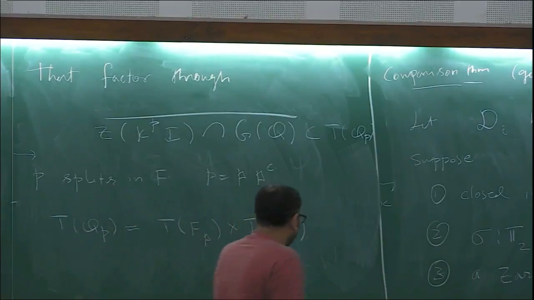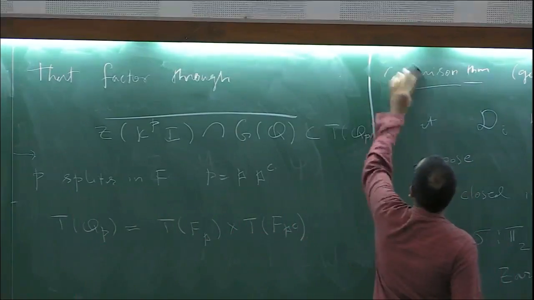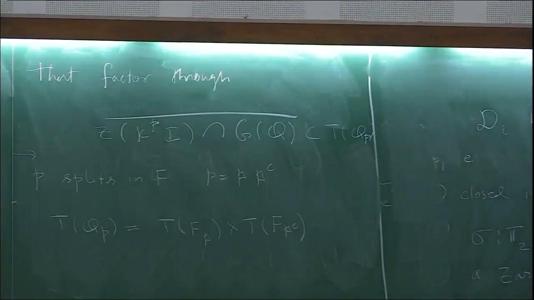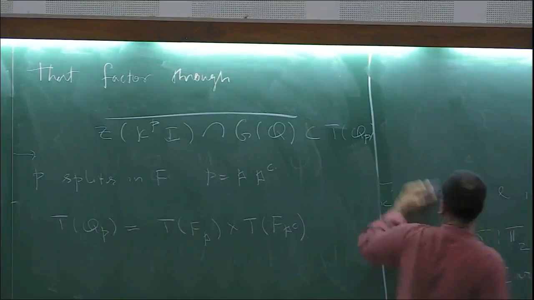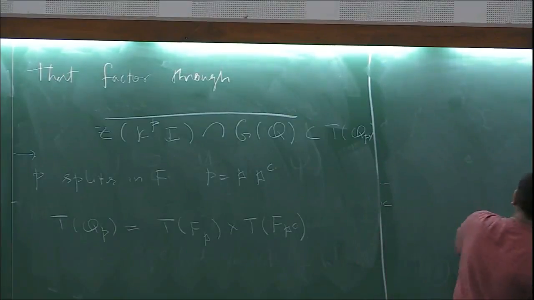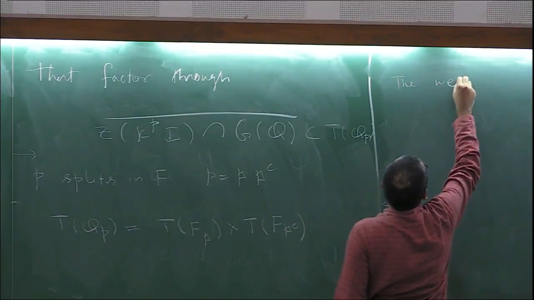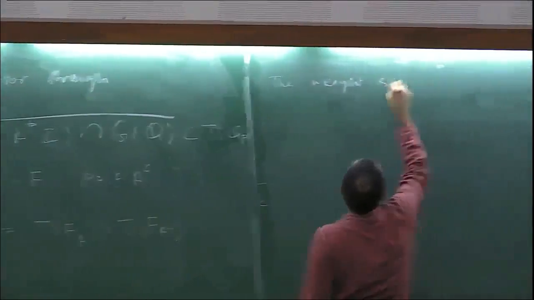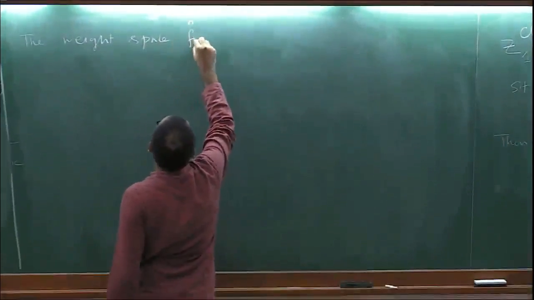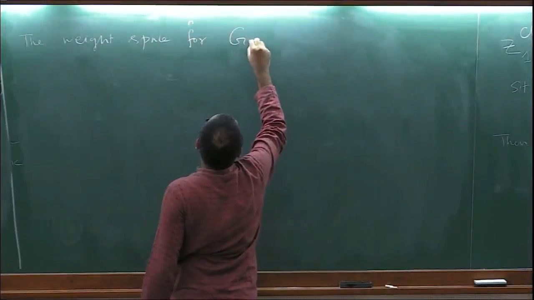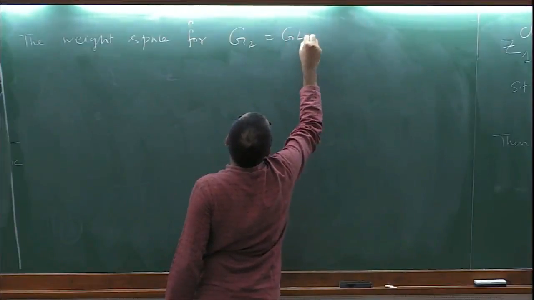Now, on the other hand, the weight space for G2, which is GL4, is also defined similarly.